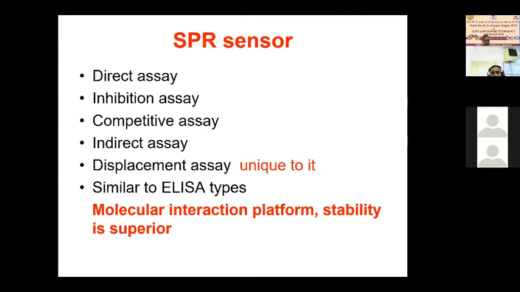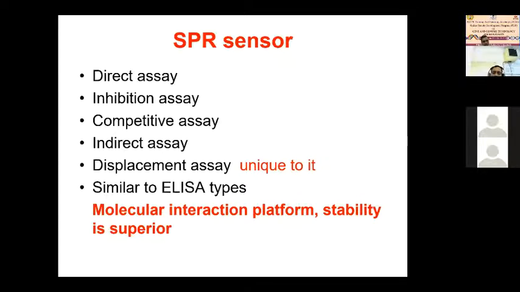As we emphasized again, it is a very robust molecular interaction platform, and its stability is far superior as compared to the ELISA. If you immobilize your antibody or antigen, the base level remains so for a longer period of time, because it is not a physical adsorption on the sensor surface, it is covalent linking of the antibodies.